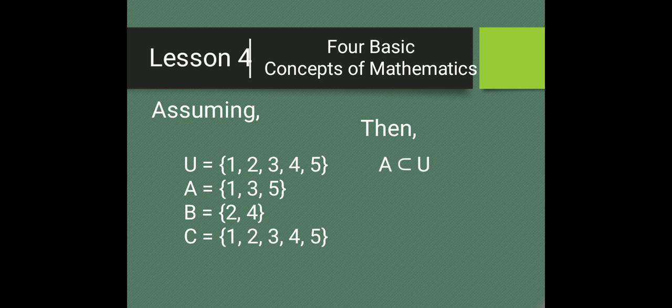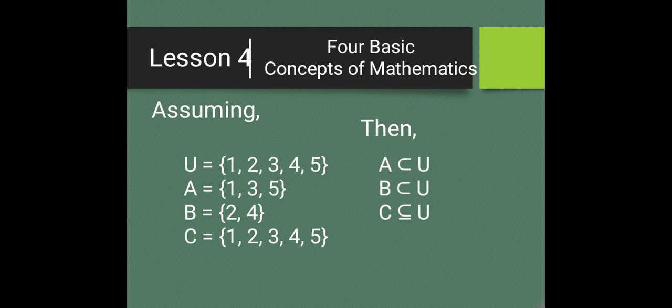So, nakuha. Okay, next one. B is a subset of the universal kasi sa B, may 2 and 4. Sa universal, may 2 and 4 rin. So, tama. We have B is a subset of the universal set. Okay, next one. C is also a subset of the universal, but remember, they are equal sets.